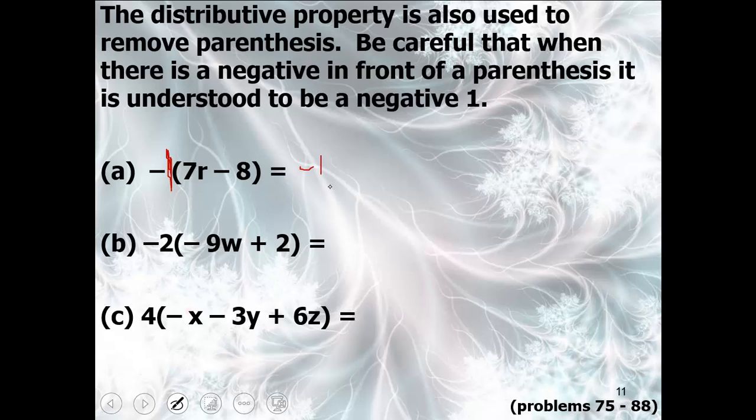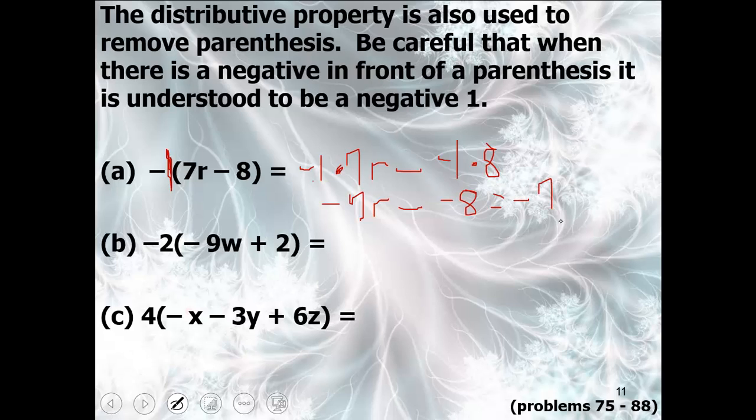So I have -1 times 7r minus -1 times 8, okay? -1 times 7r is -7r, and then minus -1 times 8 is minus a -8, okay?